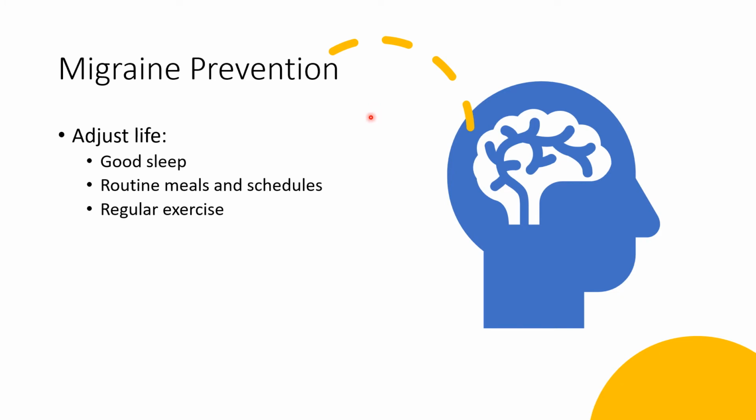Migraine headache prevention. We're going to start the journey by addressing ourselves. We should adjust our own lifestyle. Have a good sleep, have routine meals and schedules, and have regular exercise. Do you think that all this could help? Absolutely.